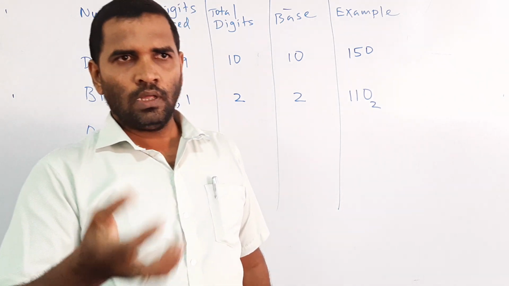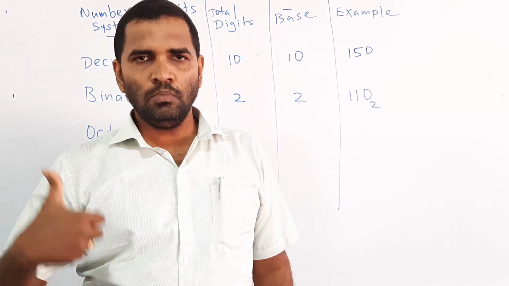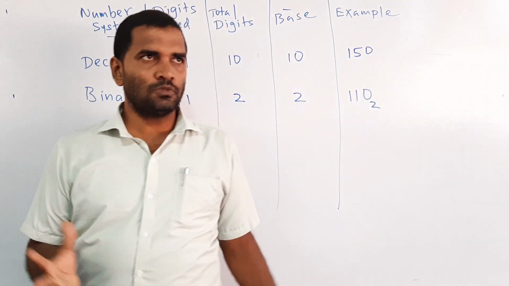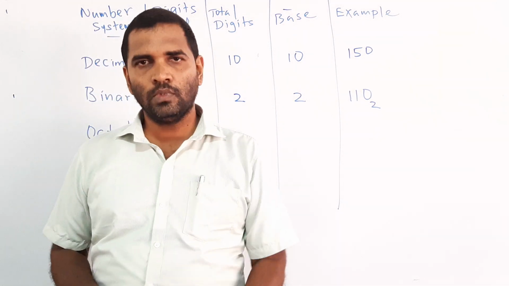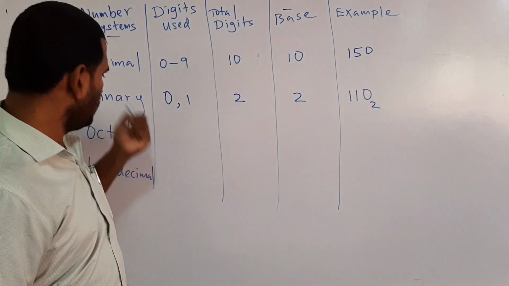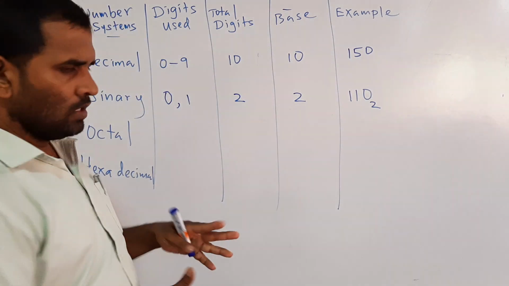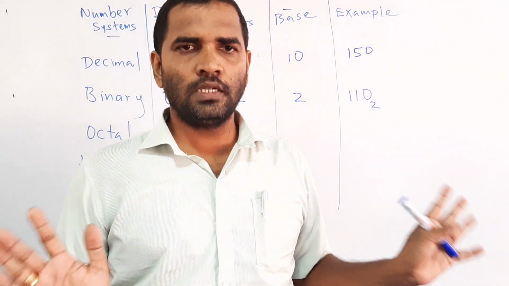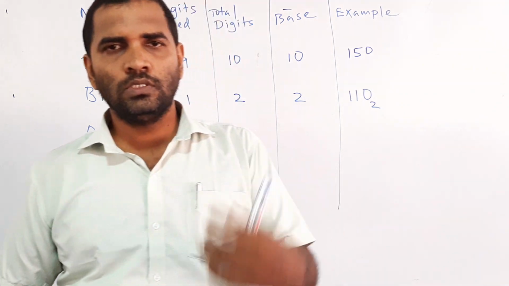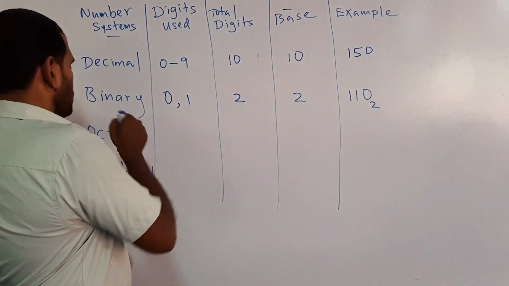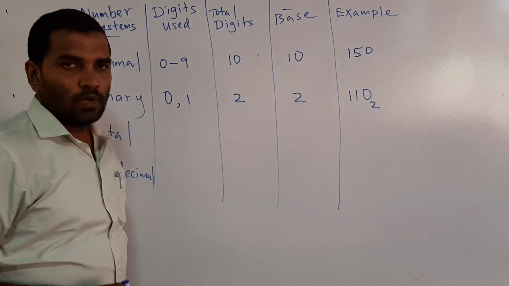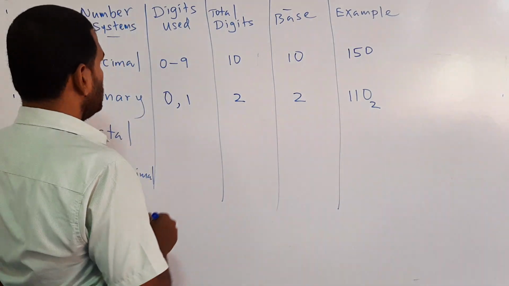Better take the word and guess something. That may be the easiest way to study ICT, because most of the ICT words have meaning. Even here, all of them have meaning. Octal. All of you can understand the meaning of octal, right? It's 8. So octal number system has 8 digits.